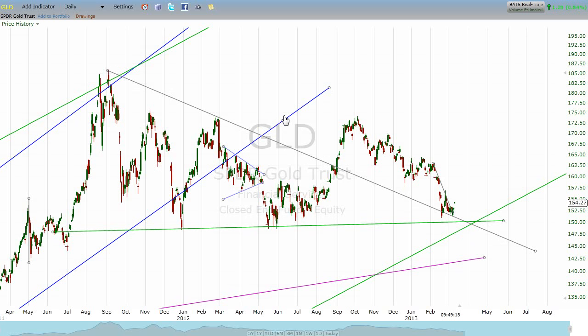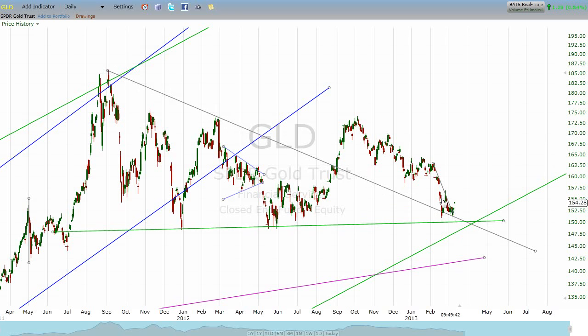So the reason I'm long right now is because I see the same kind of pattern: this was resistance, it broke, and I see this recent trip down to near the same levels as the lows of 2012. I'm viewing that as a back test of this broken resistance line that should now turn support.